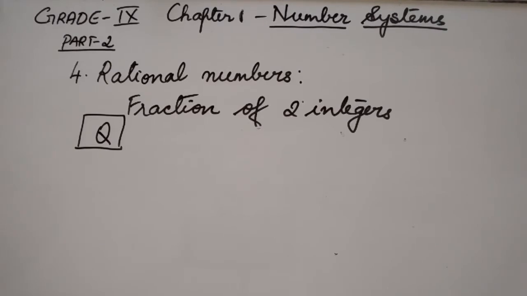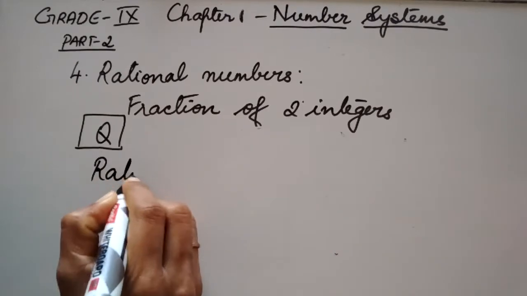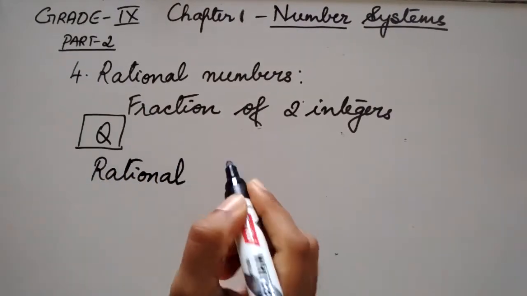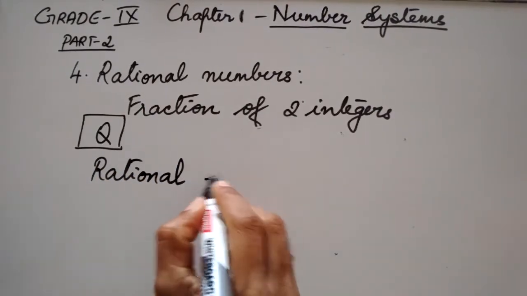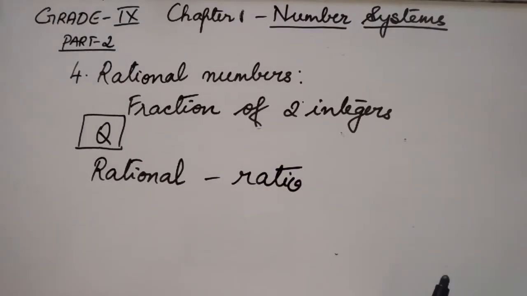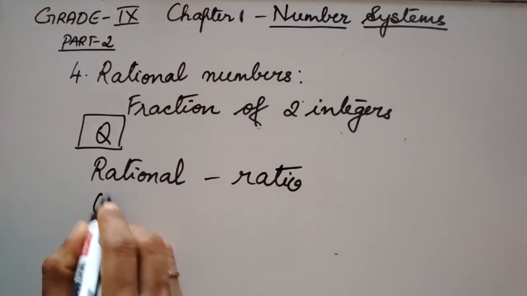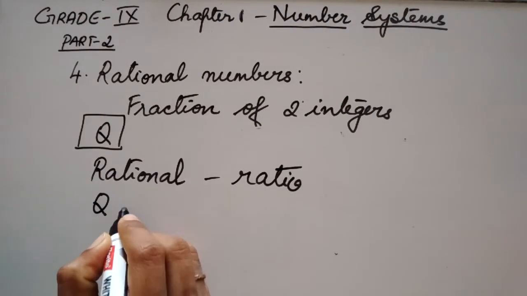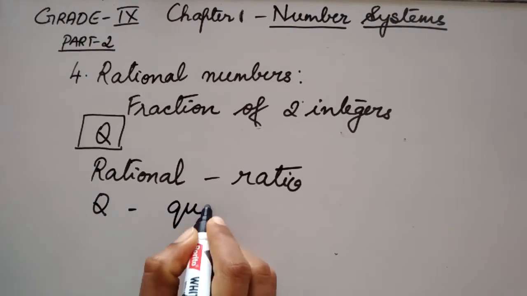The word rational comes from the word ratio, and the letter Q comes from the word quotient.